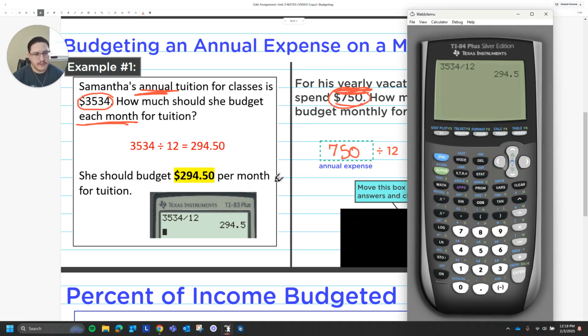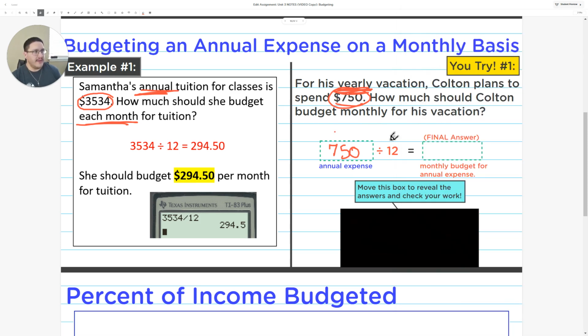So 750 divided by 12. And we have $62.50. So $62.50 needs to be budgeted per month in order to afford his vacation for the year. And that's it for you, try number 1.